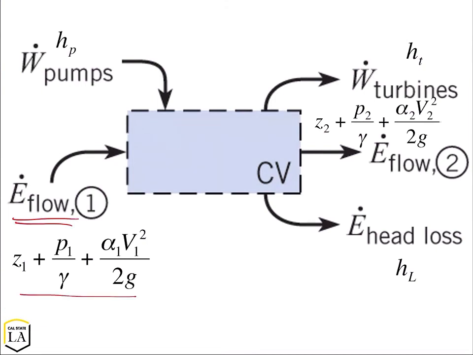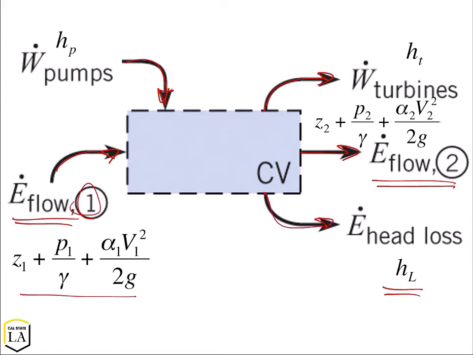At 1, you have energy, that's the energy into the system. You have energy exiting due to the flow at 2. But then you also have this extra energy added into the system, which is due to pumps. And you have extra energy leaving due to the turbines and due to our losses.